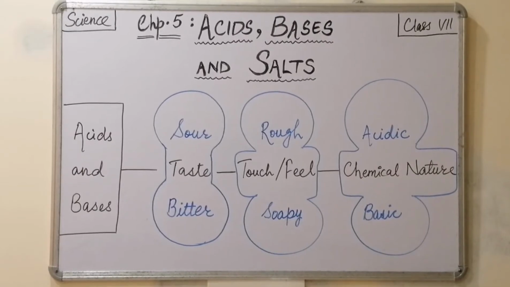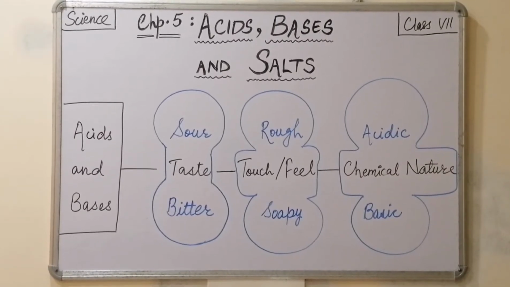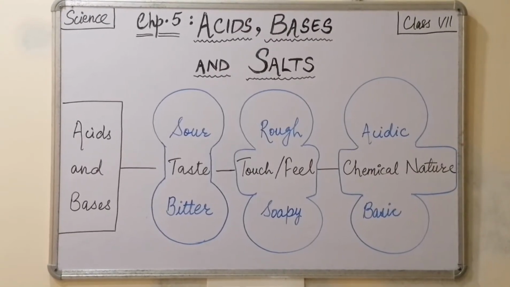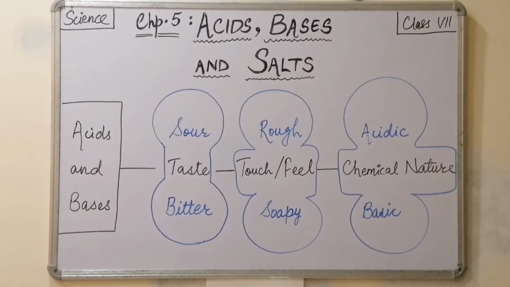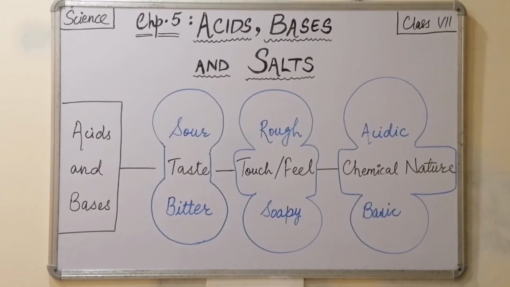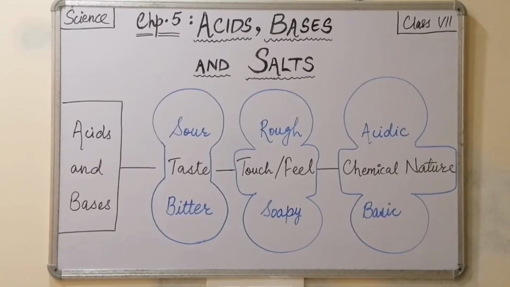On the basis of these points we can define acids as the substances that are sour in taste, whereas the substances which are bitter in taste and feel soapy on touching are known as bases.